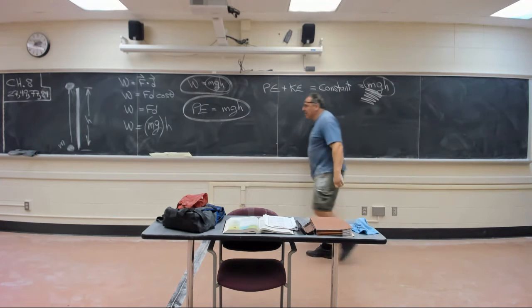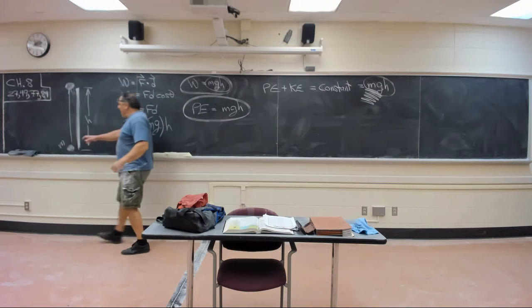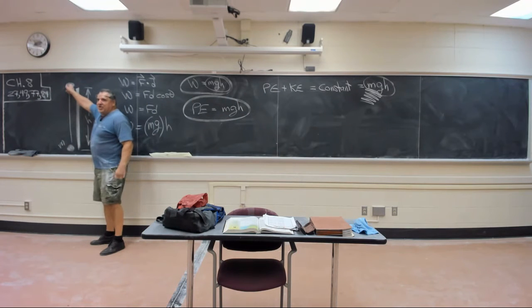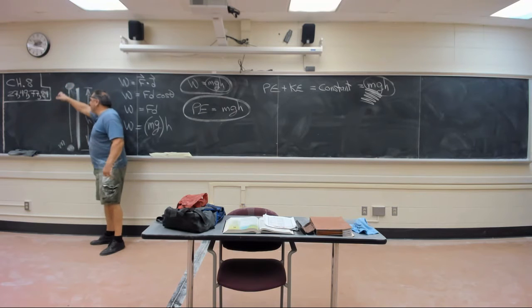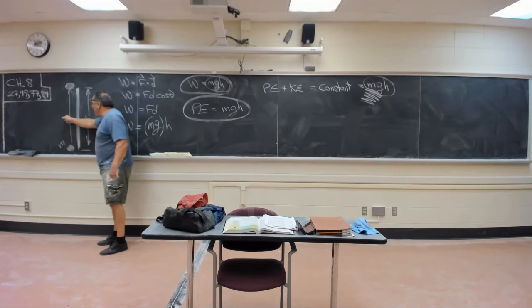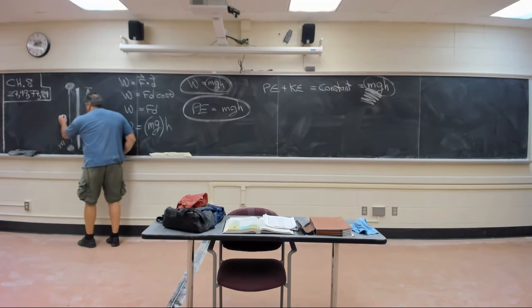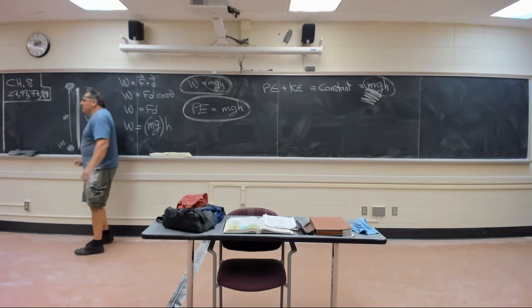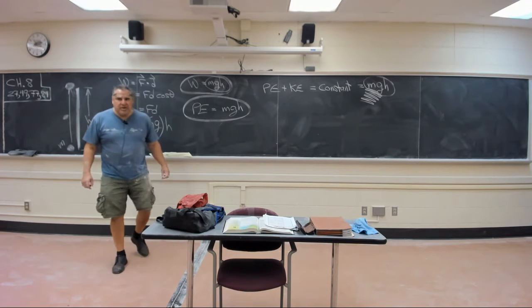What does that mean? It means right up here, mgh is that constant. If you push that mass off the building, when the mass gets over here, it still has potential energy. It still has height, only half the height though, so it's got half the potential energy.